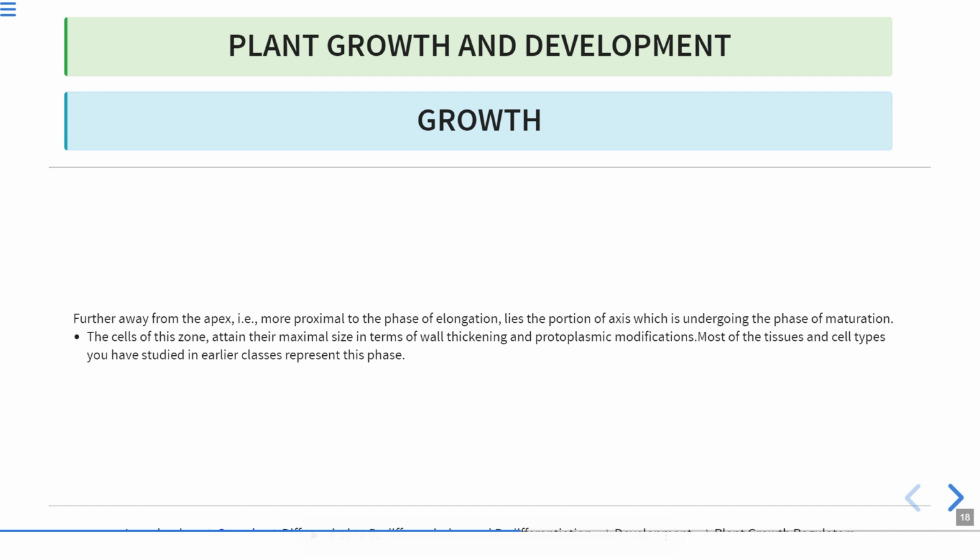Most of the tissue and cell types you have studied in earlier classes represent this phase: the parenchymatous cell, the collenchymatous cell, the sclerenchymatous cell. They are the mature cells. You have studied about the maturation phase.